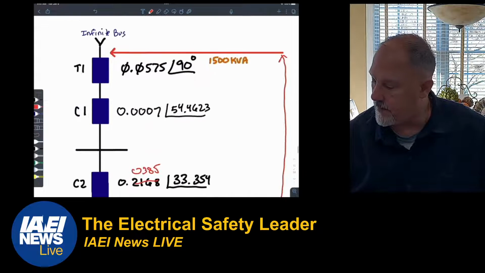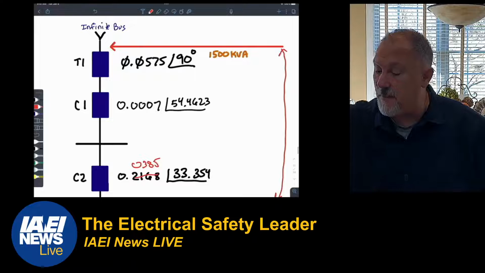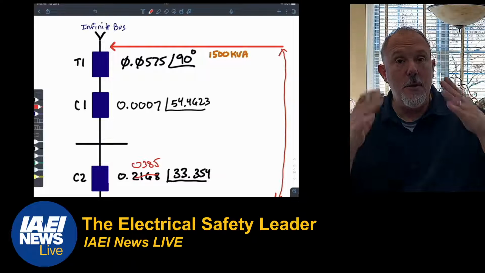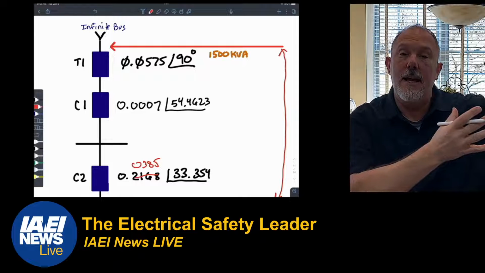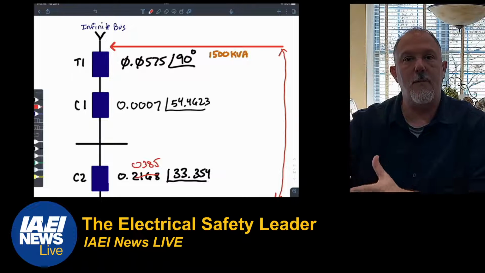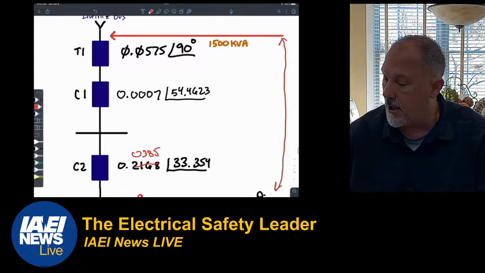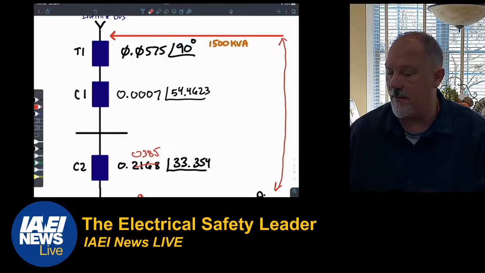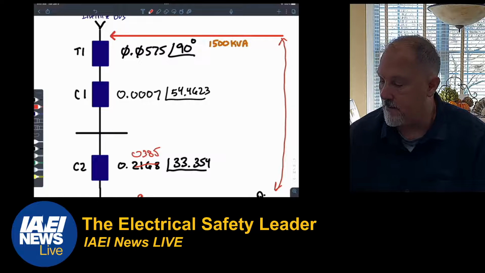now here's the next thing. Now we have the impedance diagram. So what we are doing is we're converting a one-line diagram into an impedance diagram with all of our per unit values. So this is my 0.0575 at an angle of 90.